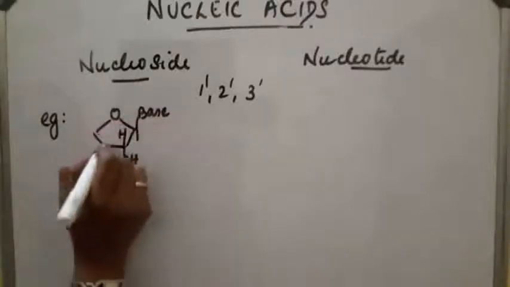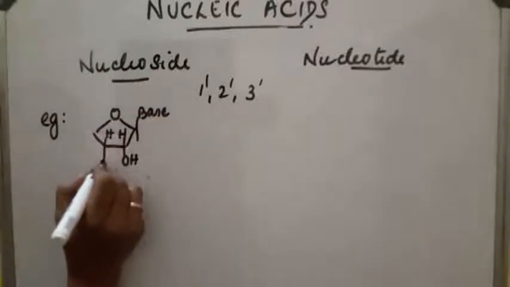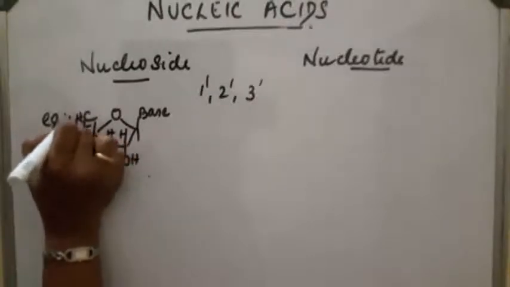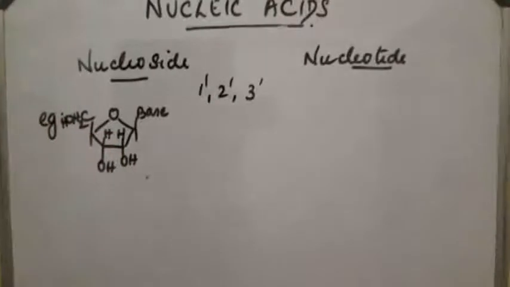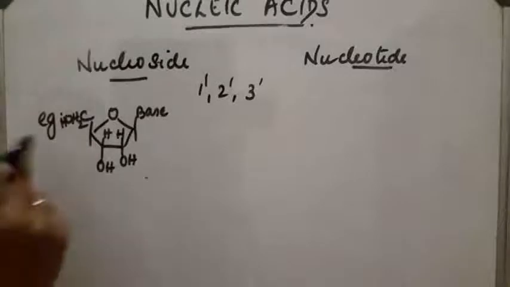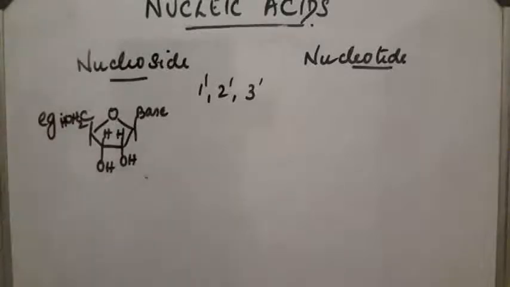This unit is called a nucleoside. But in the case of a nucleotide, the base is attached at the 1 dash position, and the 5 dash hydroxyl group is attached to a phosphoric acid.